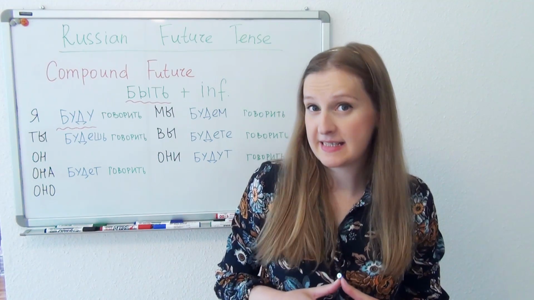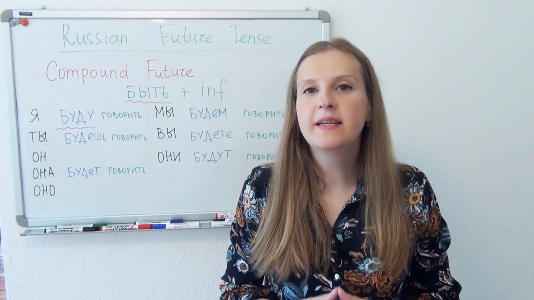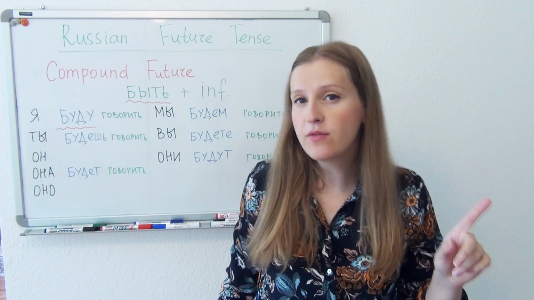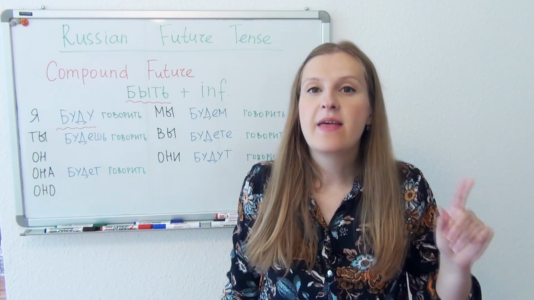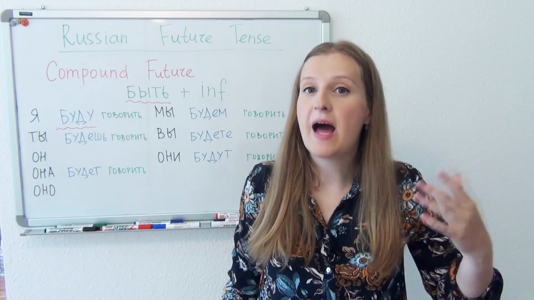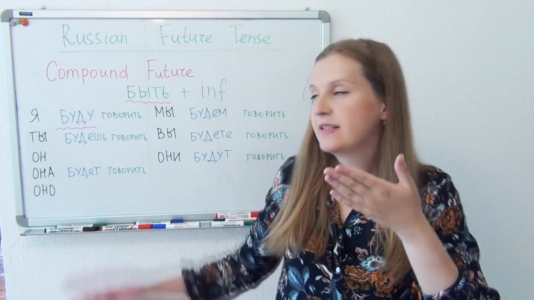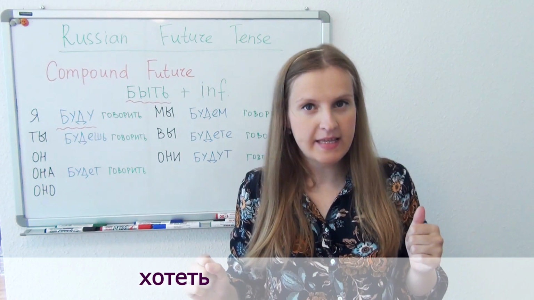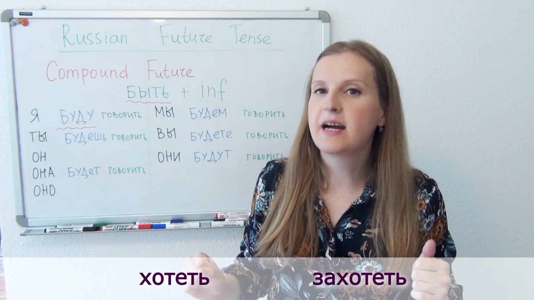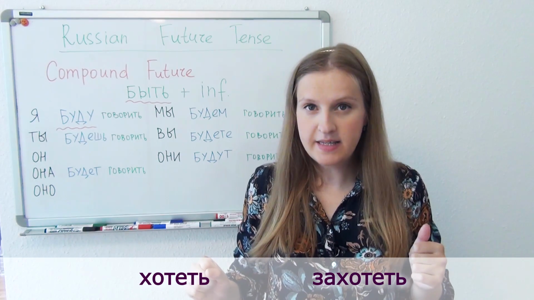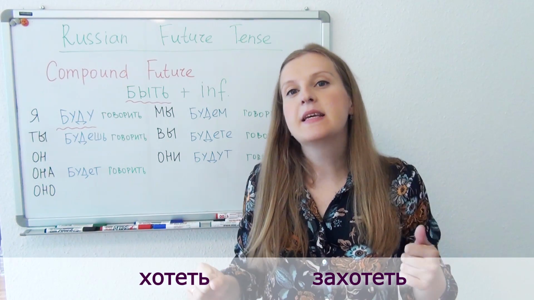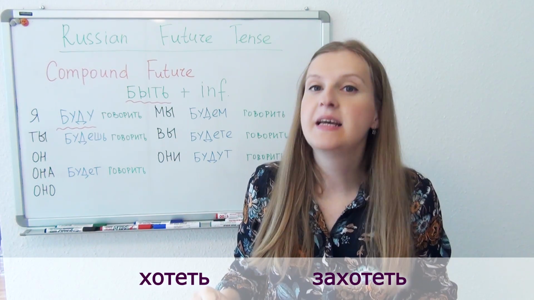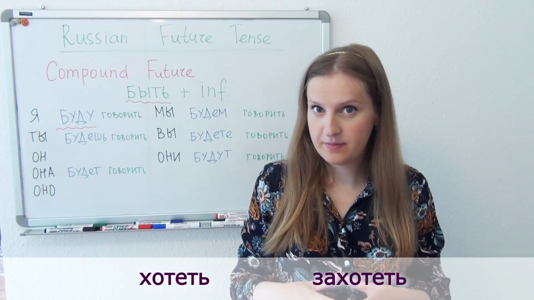Now let's practice a little. We'll take one pair of verbs. The meaning will be very close, but one of the verbs will be imperfective and the other will be perfective. So we'll have to use different forms of future. We'll take the verbs хотеть and захотеть. Хотеть, want, is an imperfective verb, and захотеть with the prefix is a perfective verb.